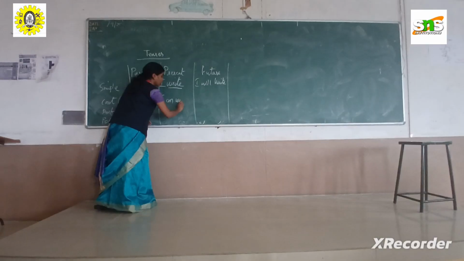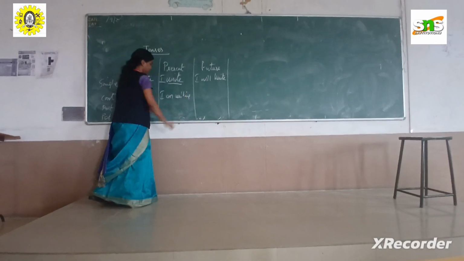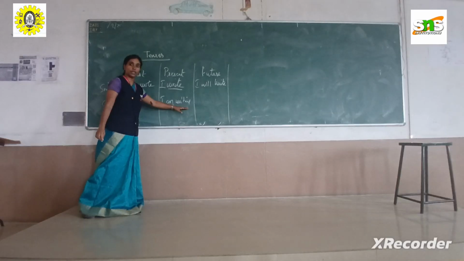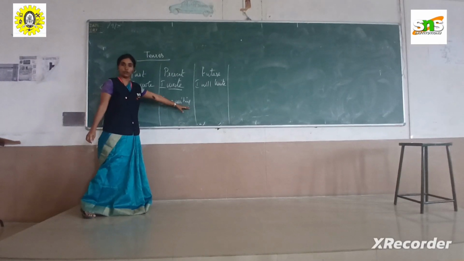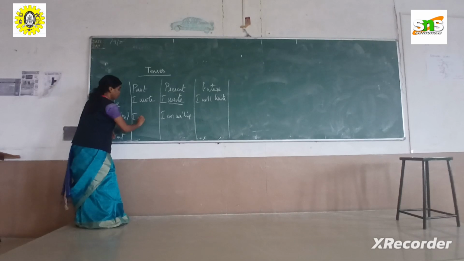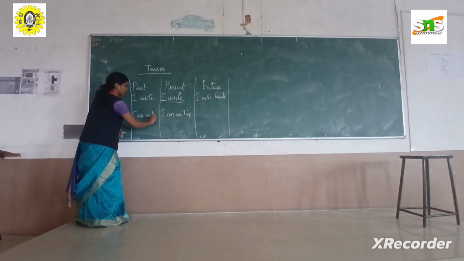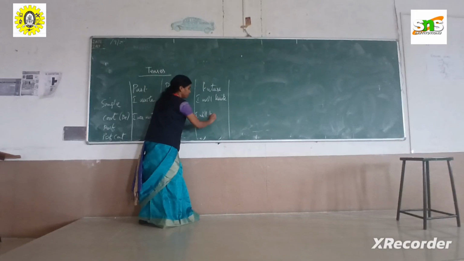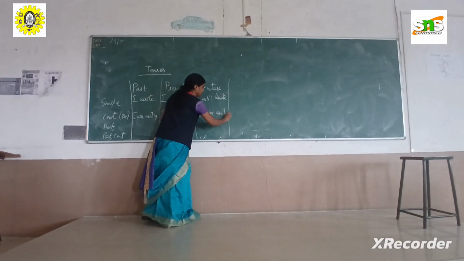I am writing. So here I am using a be verb, then writing, that is the verb in ing form. And the past tense of that will be I was writing. And the future tense will be I will be writing.